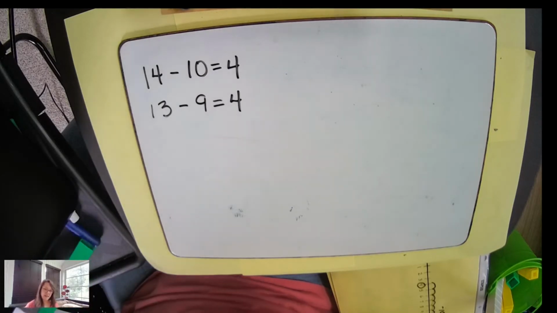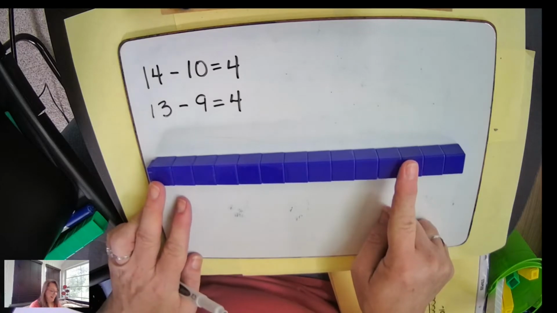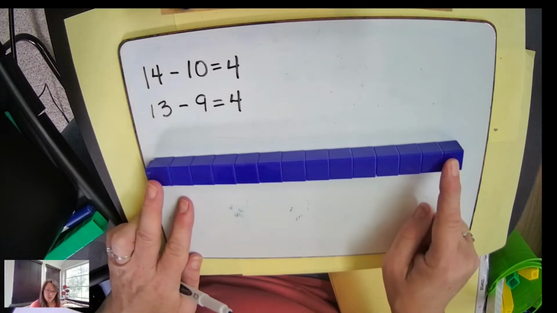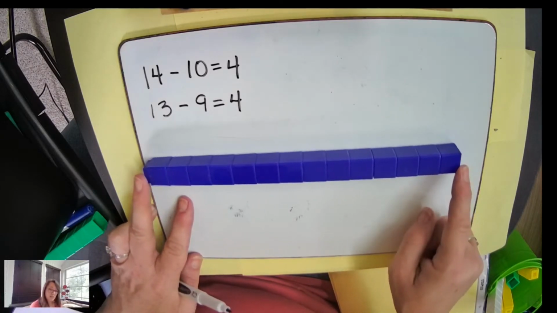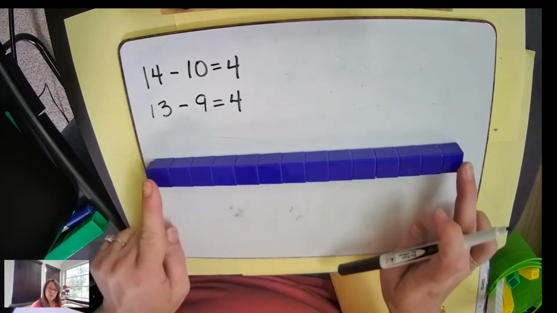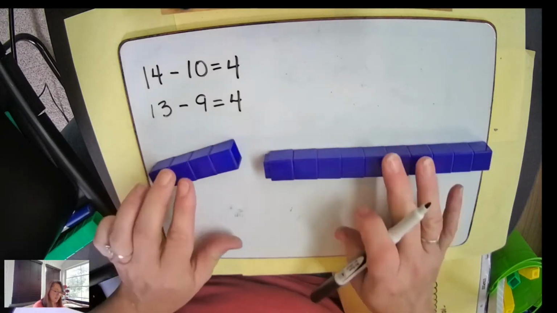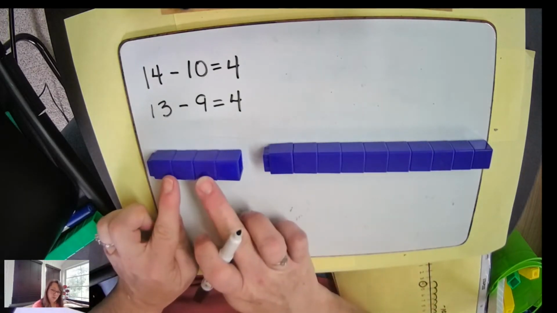Okay, so Sarah says when she was remembering Nikki's solution to 14 minus 10, she was thinking, okay, 14 of something minus 10 of something equals 4.